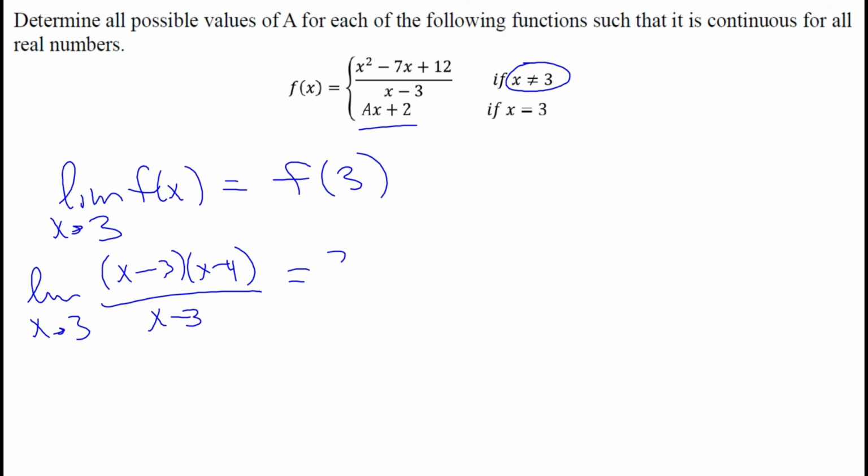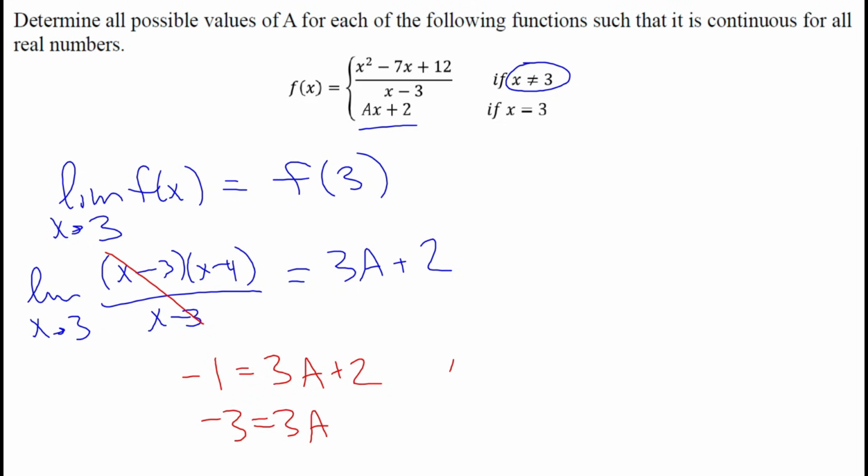Well, f of 3 is just 3a plus 2. When we cancel these x minus 3's, we can then evaluate the limit as x approaches 3, right? We just end up getting 3 minus 4, which is negative 1, equals 3a plus 2. We get negative 3 equals 3a, or a is equal to negative 1.